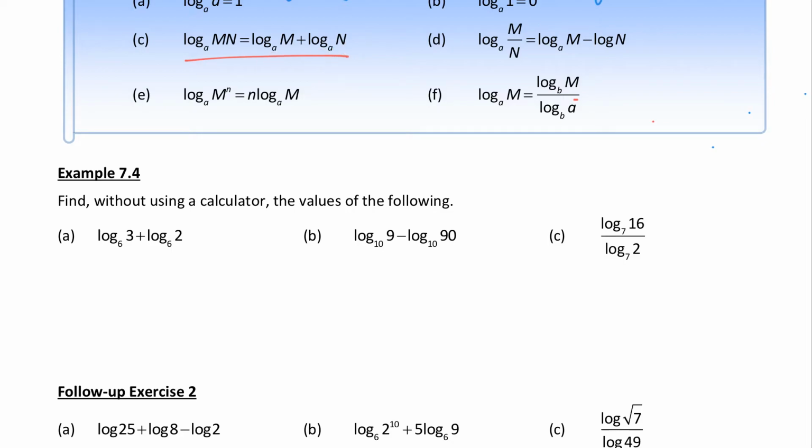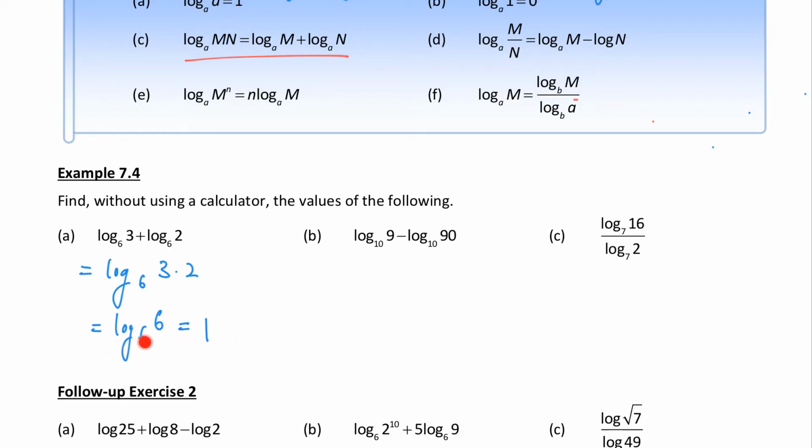We can change it to log m times n with base 6. So this is log 6 with base 6. The answer is 1.